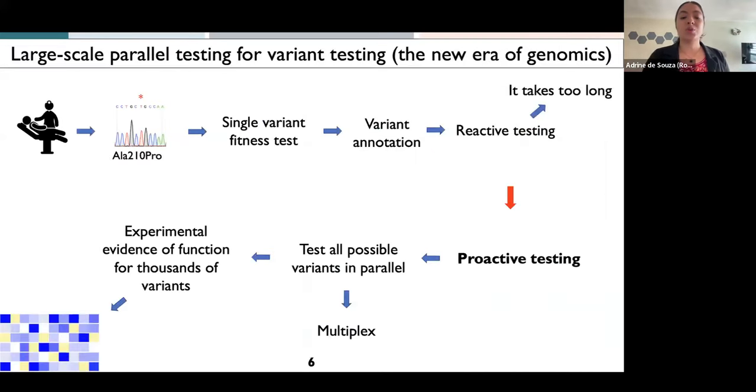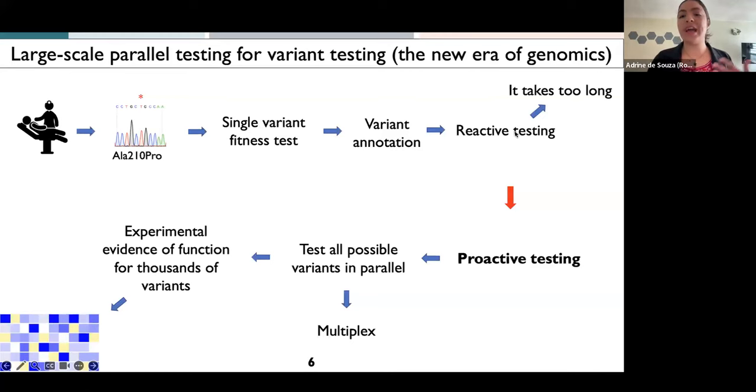To really test variants in a more parallel, complete way, we have to move away from single variant testing, which we call reactive testing. In this case, if a patient that has a variant is in the clinic and that variant is identified, there may be the possibility of a single variant fitness test, and maybe that could lead to a different variant annotation.